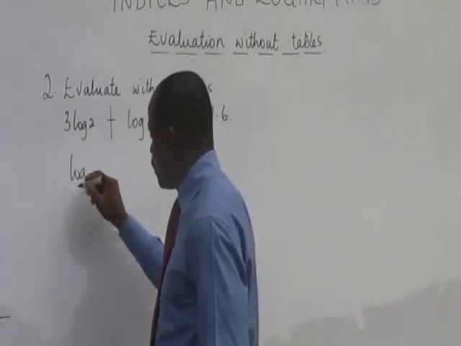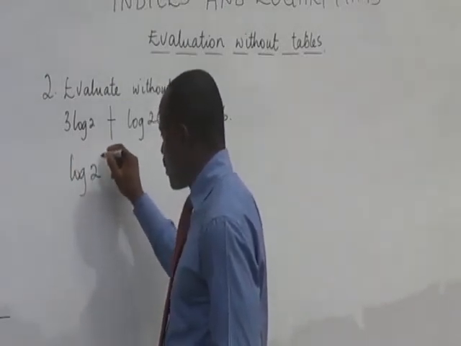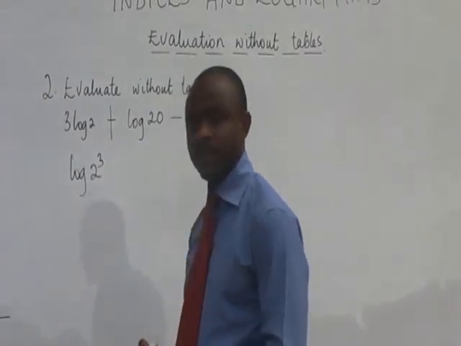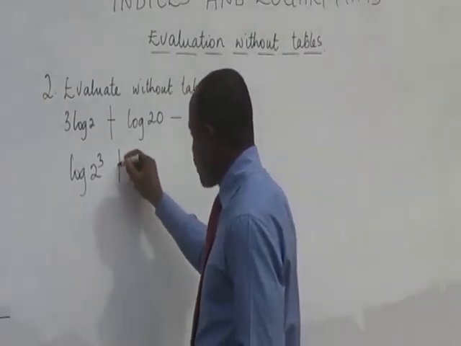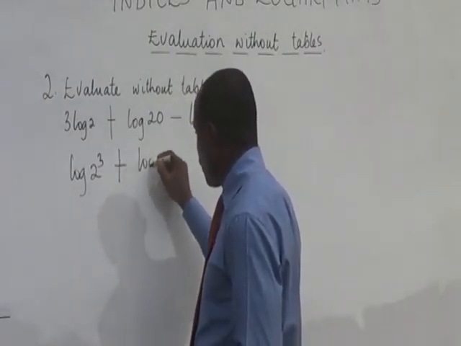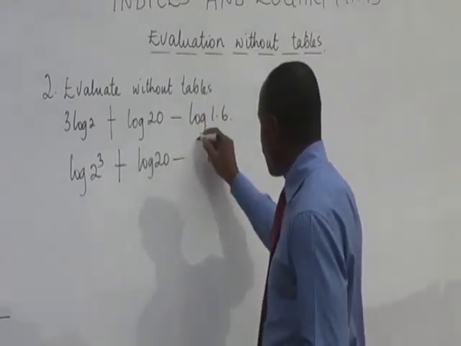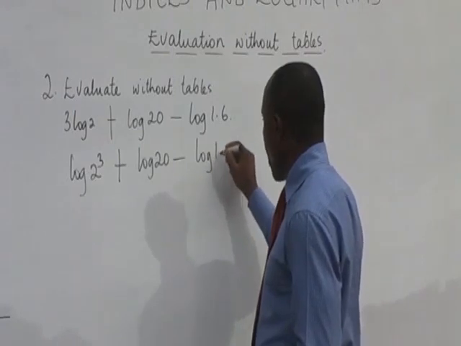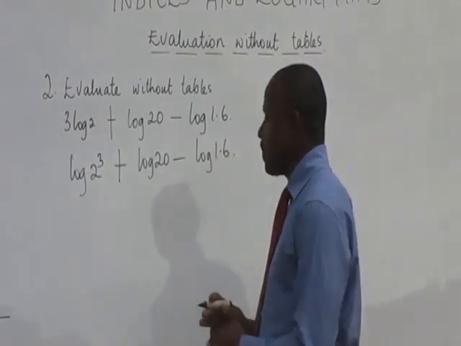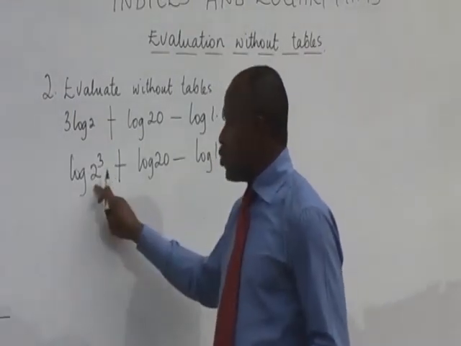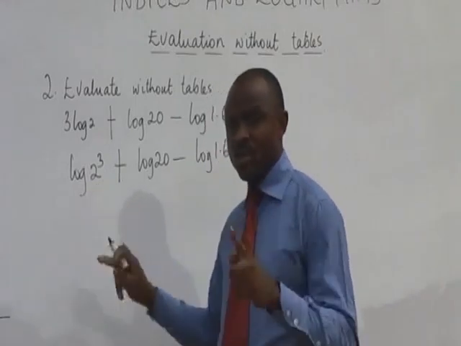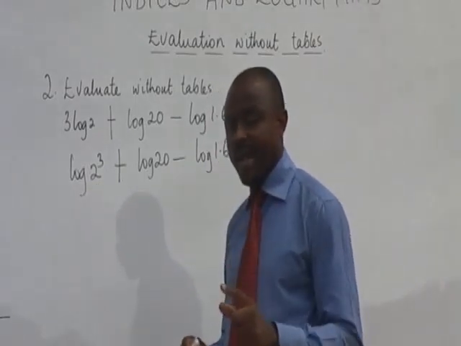And when we do that, this becomes log of 2 exponent 3 plus log 20 minus log 1.6. 2 exponent 3 means 2 times 2 times 2. That is 8.